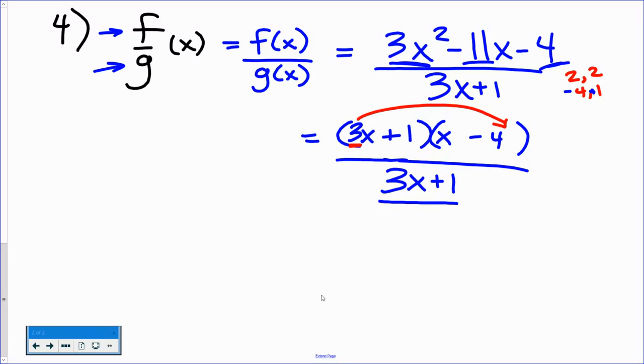If this doesn't work, it is not worth factoring for this situation. All right, so I'll go ahead and make sure that checks out. So I would get 3x squared, 3x times negative 4 is negative 12x, 1 times x is plus 1x, there's my negative 11, and minus 4, perfect. So it did work out, so that means I am able to cross out my common factors of 3x plus 1, so then I will get x minus 4.